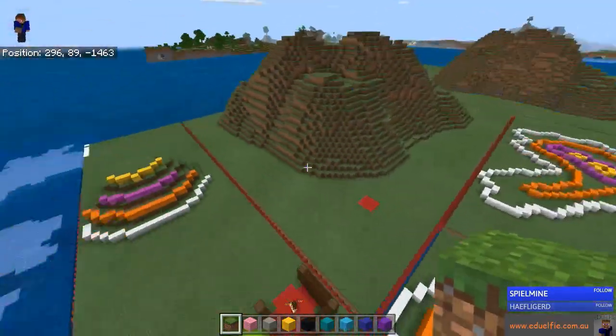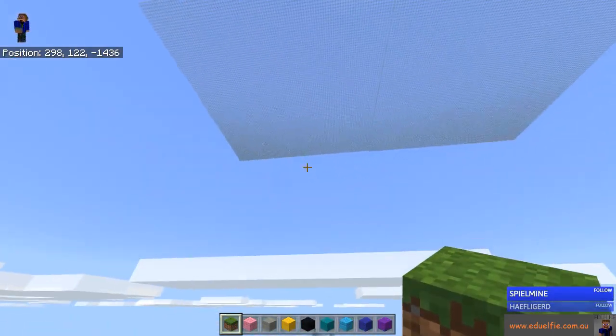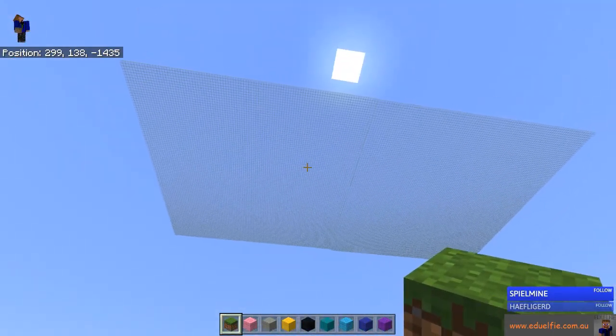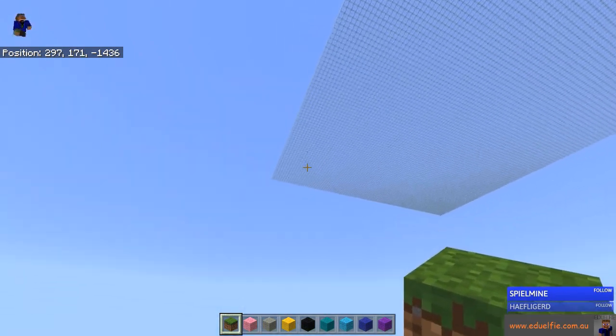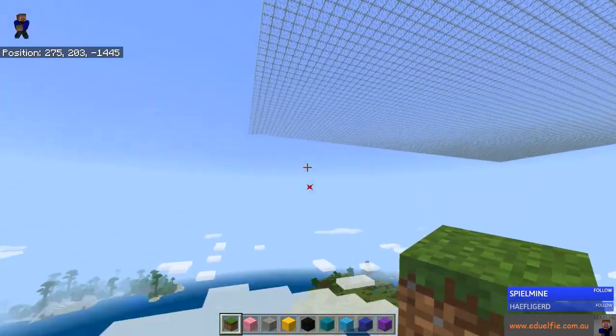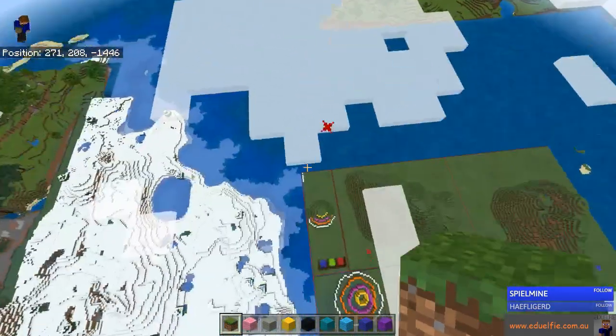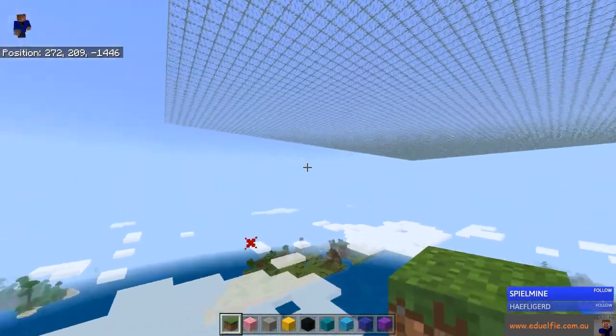So now I want to work on a teacher. It is a border block particle coming all the way up here. Wow.